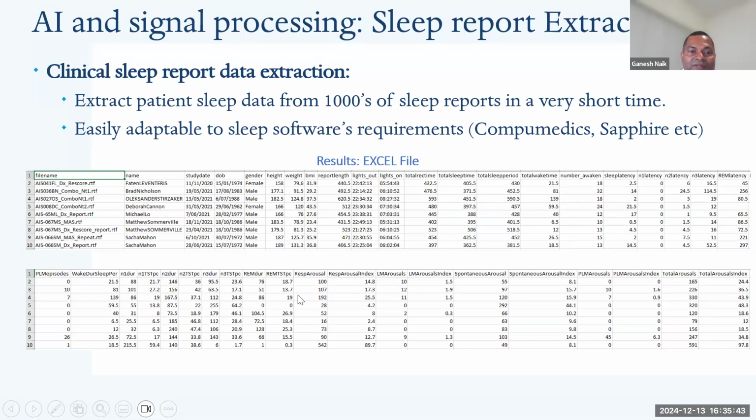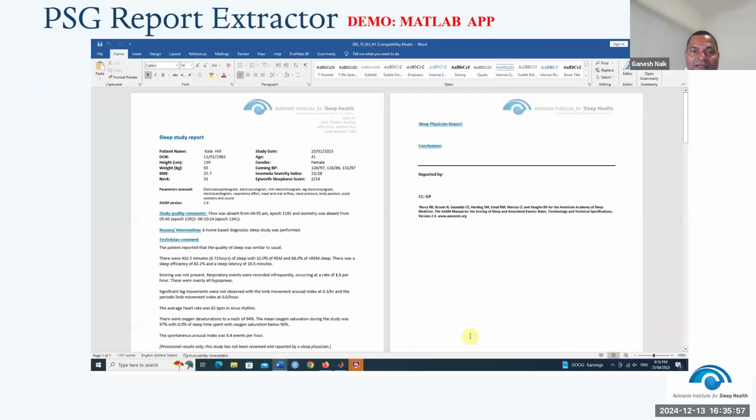Everything is extracted from that report and it creates an Excel file. Once it creates an Excel file, it can be directly used for statistical analysis or any comparative analysis and so on. This technique made life easier for the clinicians.